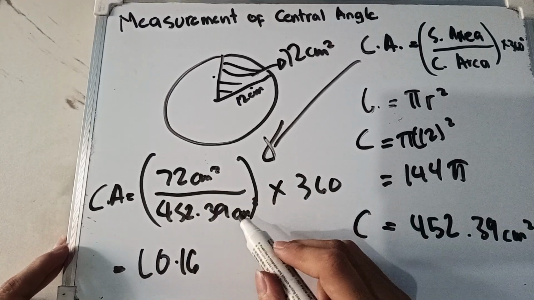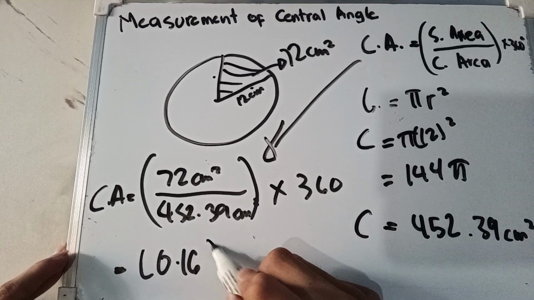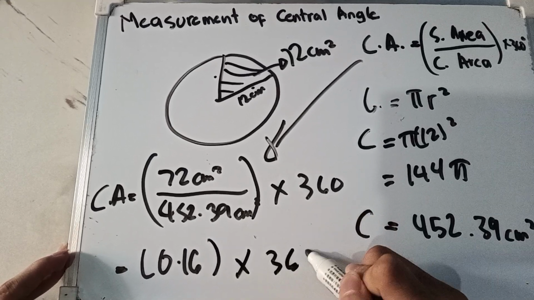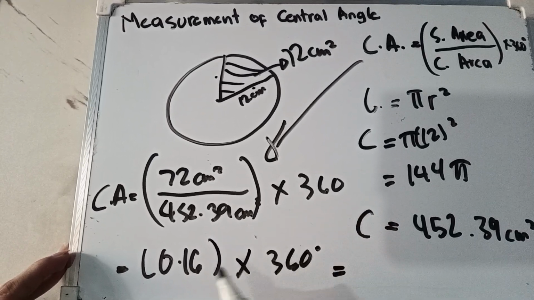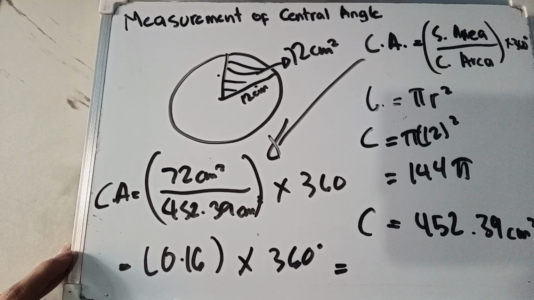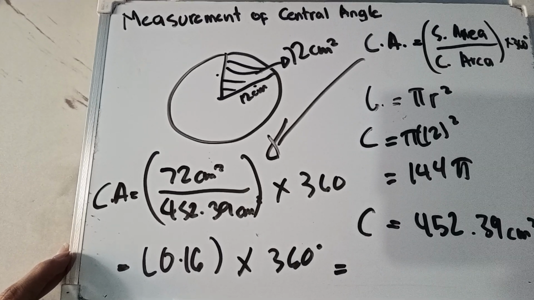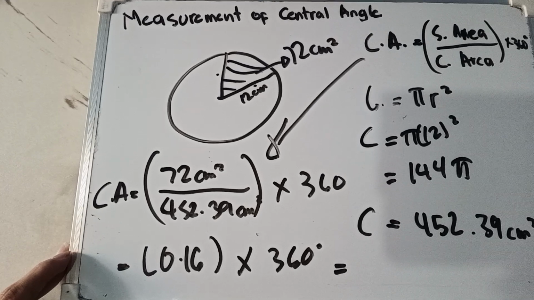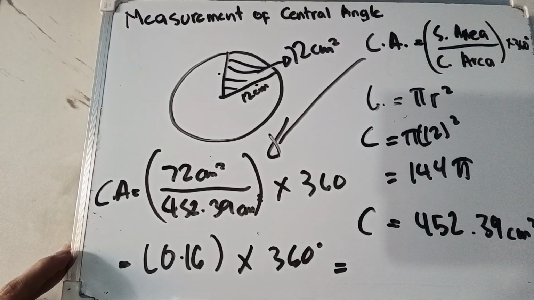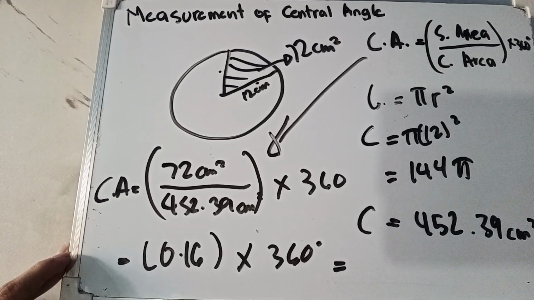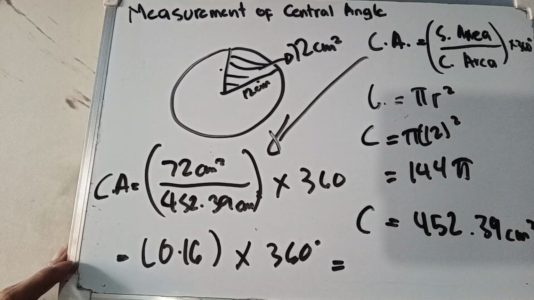The centimeters squared cancel each other. So 0.16 times 360 degrees is equal to 57.6 degrees.